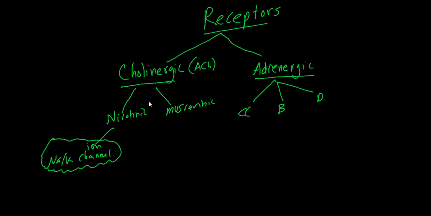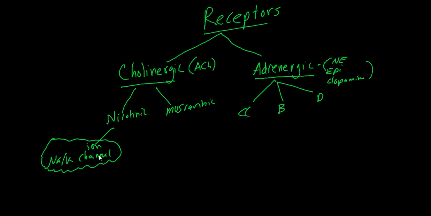Nicotinic is going to deal with the neurotransmitter acetylcholine, while adrenergic is going to deal with norepinephrine or epinephrine. In the case of dopamine, we'll be dealing with dopamine, etc. So cholinergic deals with acetylcholine. There's two different subtypes. The nicotinic subtypes are going to just have an ion channel.